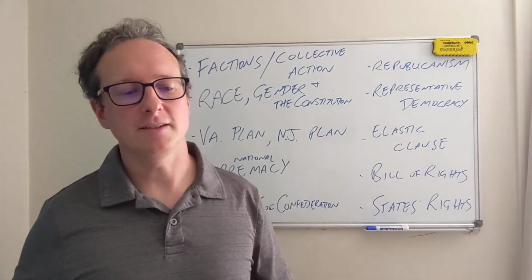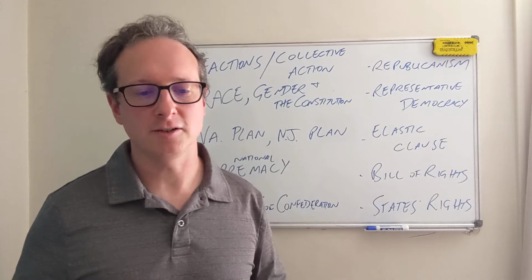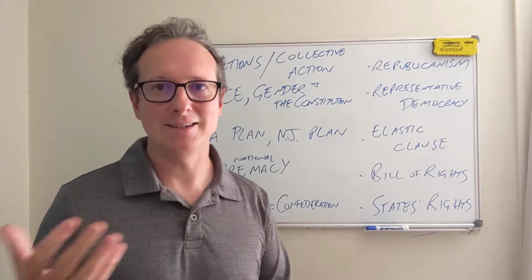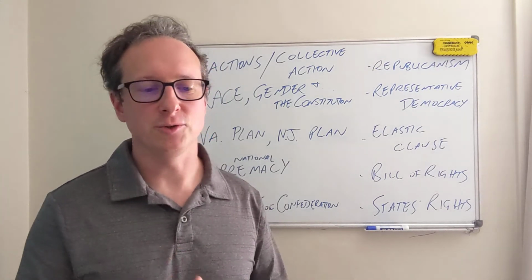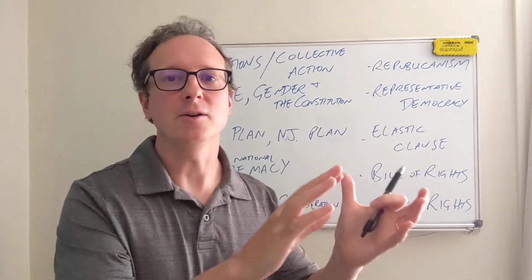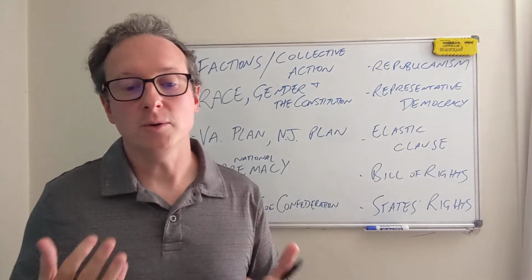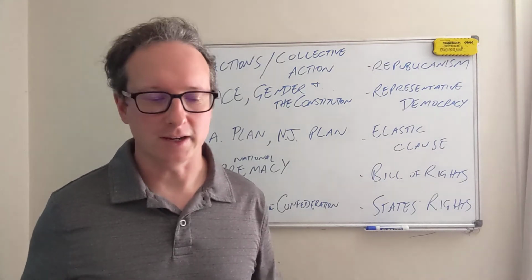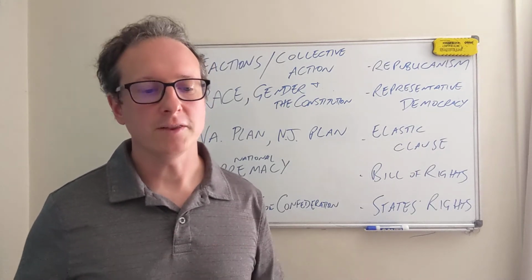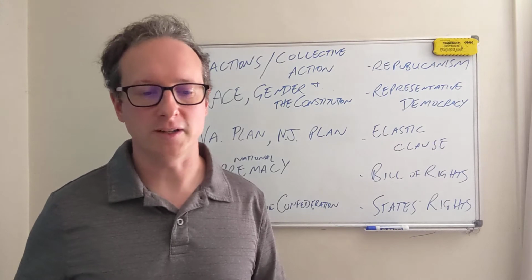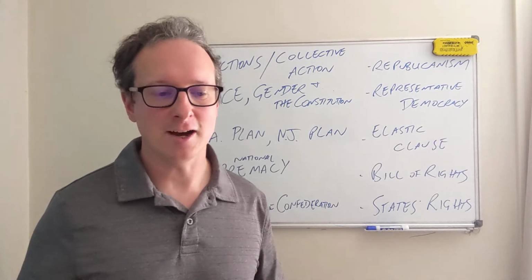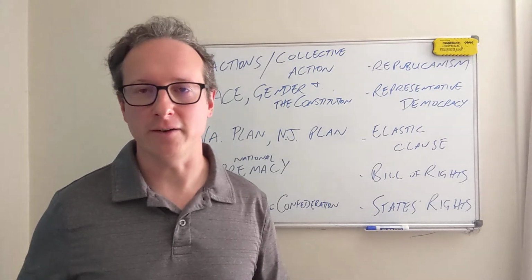We must create this system of checks and balances, especially between people in different states. So we don't want Georgia, for example, taking over the United States by itself. We don't want New York taking over the United States by itself. We want them to have to form majorities with each other and compromise their interests so that we will have a union.